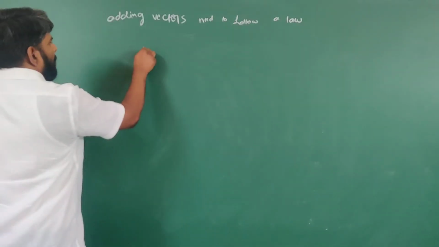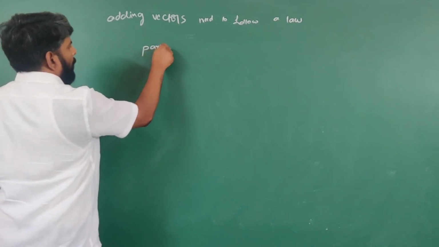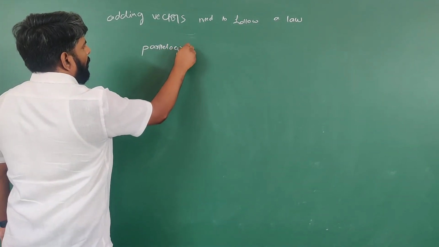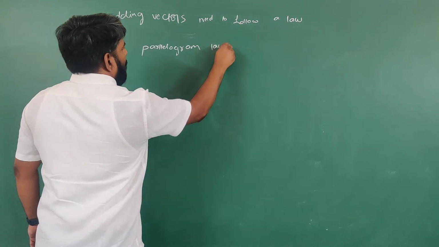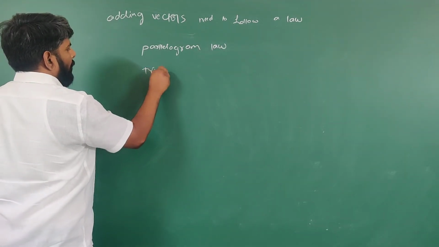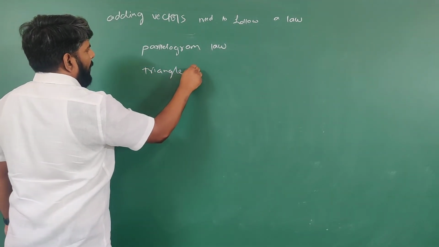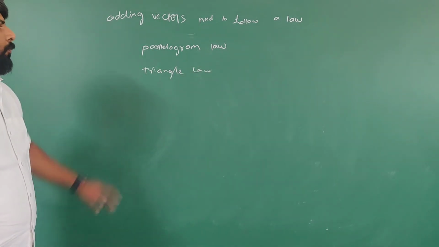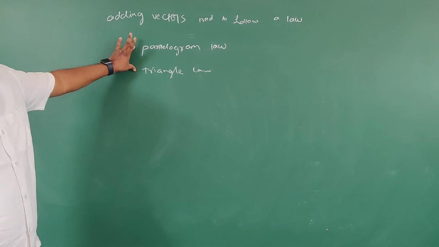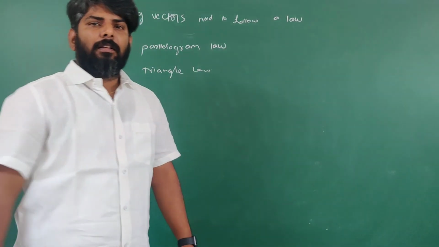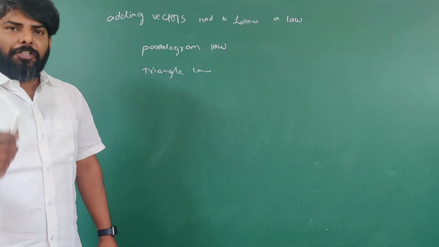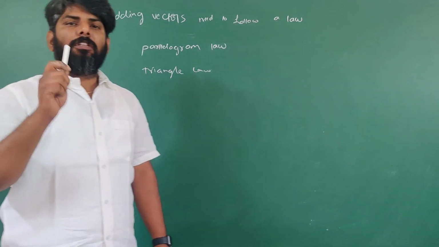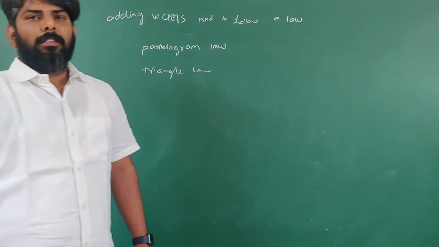The law is called the parallelogram law, or another one, the triangle law. We need to follow these laws while adding vectors for finding the magnitude and direction of the resultant vector. That's it.